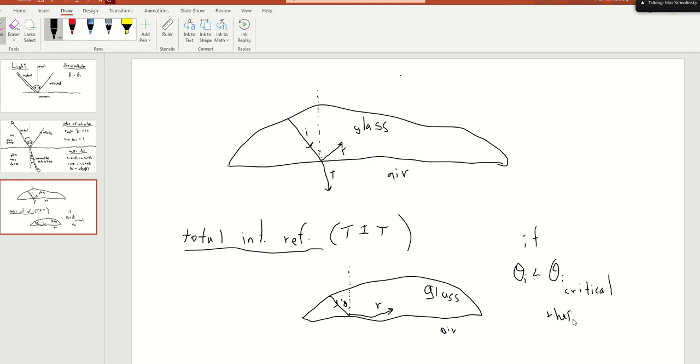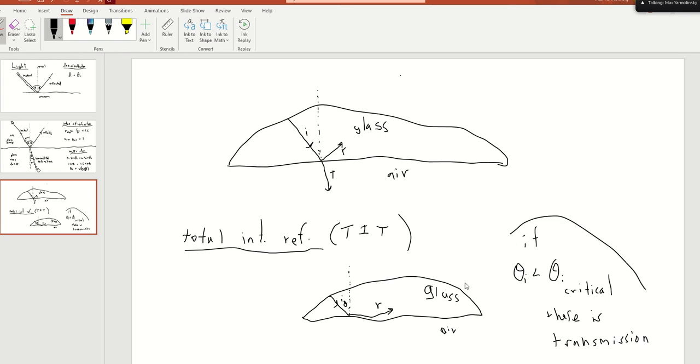But if theta I is more than or equal to the critical angle, there will be no transmitted ray. So that's the two cases.